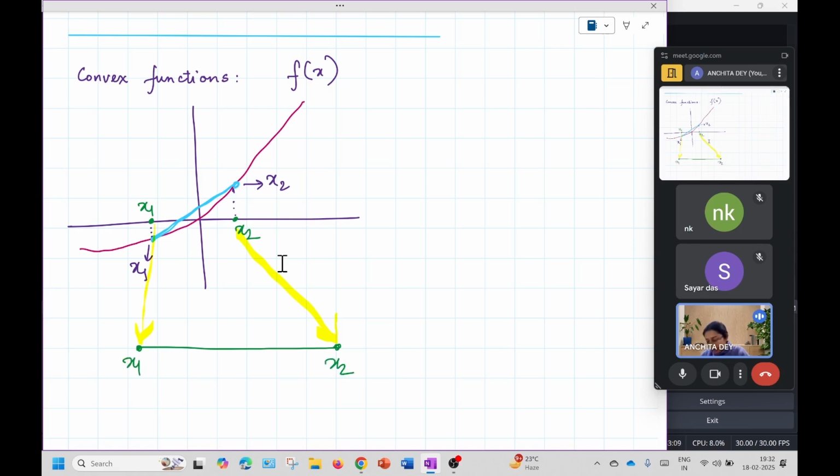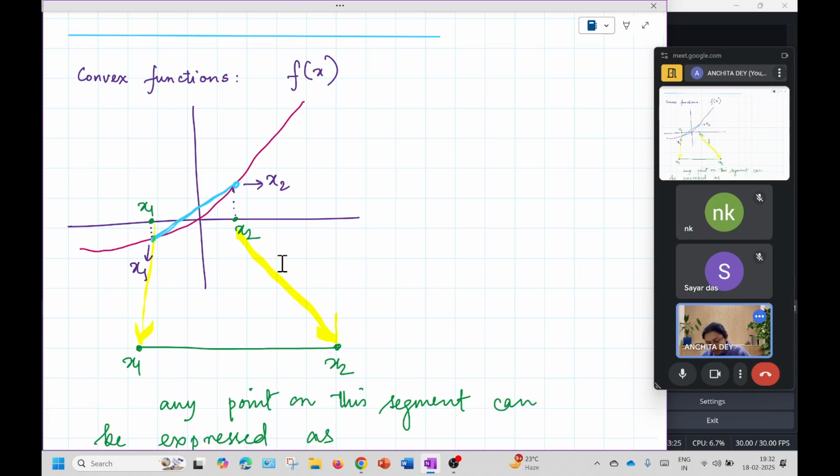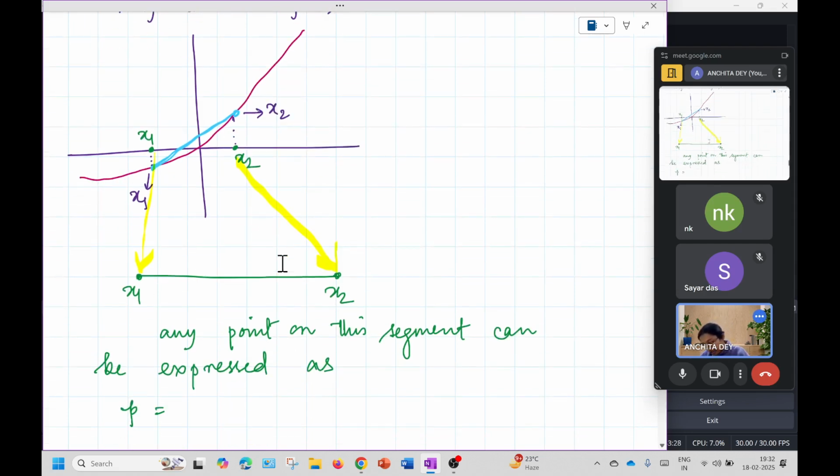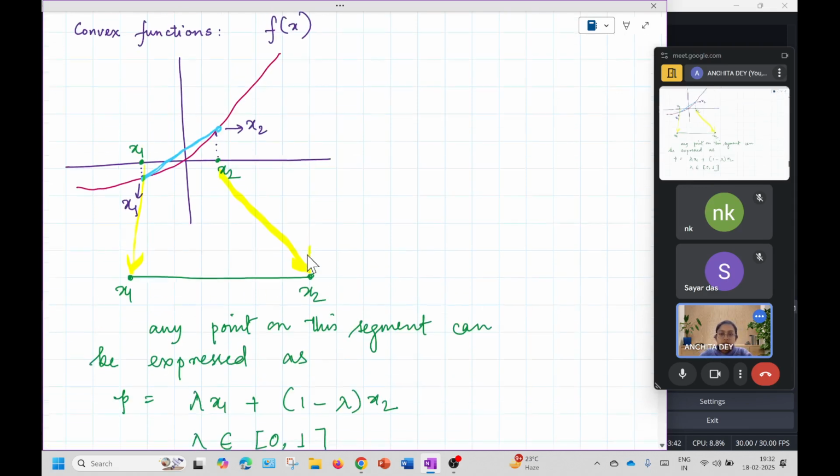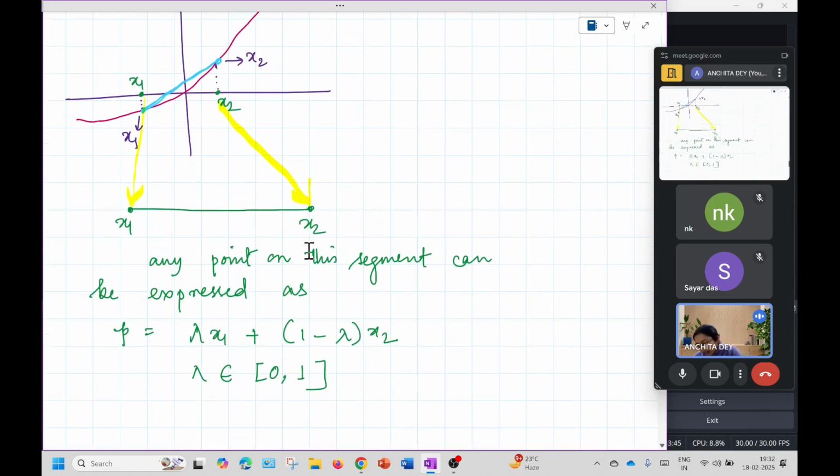Any point on this line segment can be expressed as some point P, which is equal to lambda into x1 plus 1 minus lambda into x2, where lambda is between 0 and 1. So basically this is the green segment that we had.